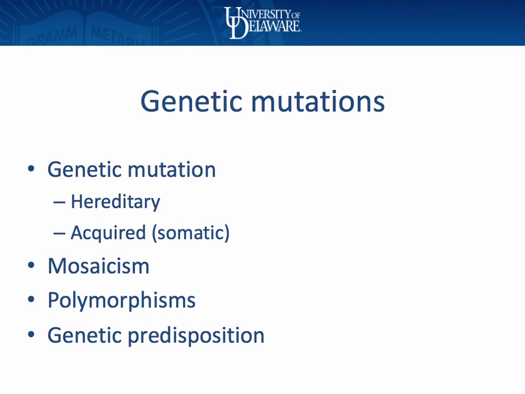These changes can be caused by environmental factors such as ultraviolet radiation from the sun, or can occur if a mistake is made as DNA copies itself during cell division. Acquired mutations in somatic cells, these are cells other than the sperm and the egg cell, cannot be passed on to the next generation. An example of a somatic genetic mutation would be cancer tumors.